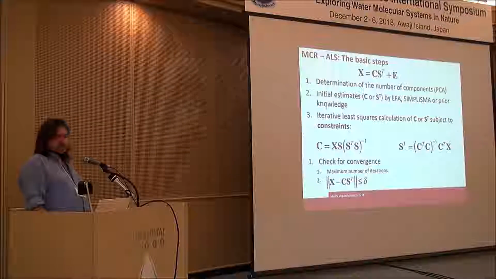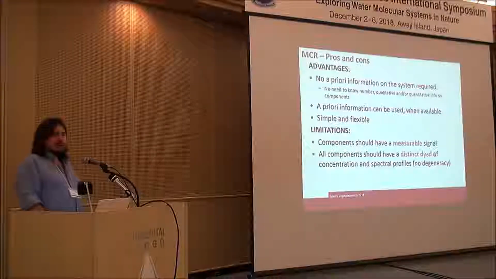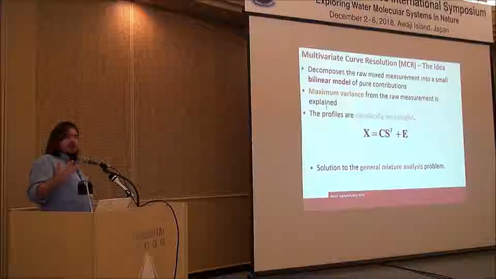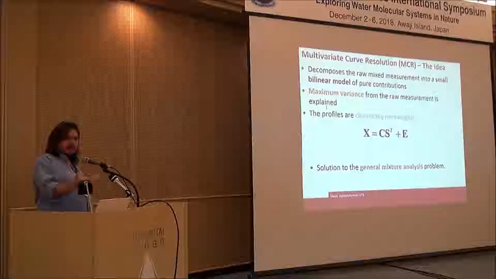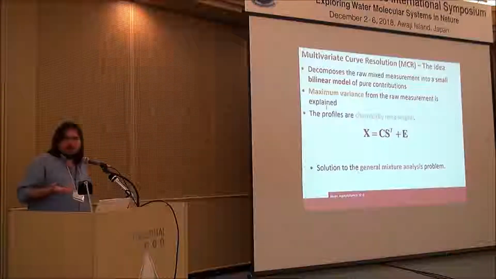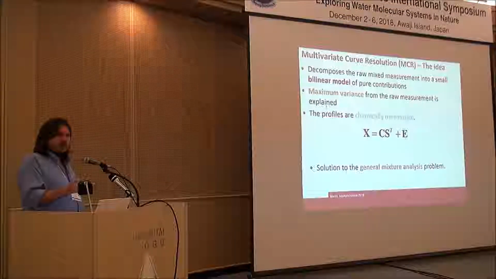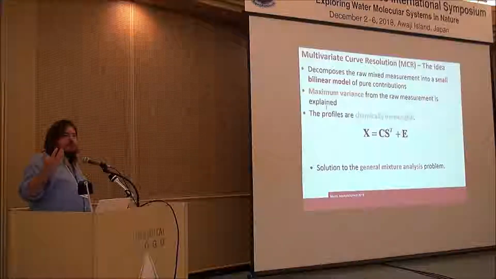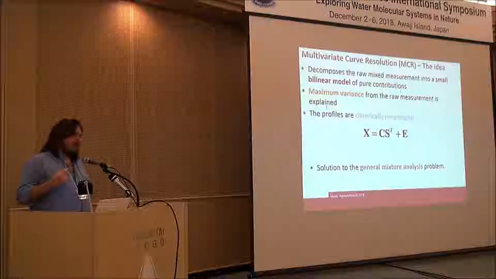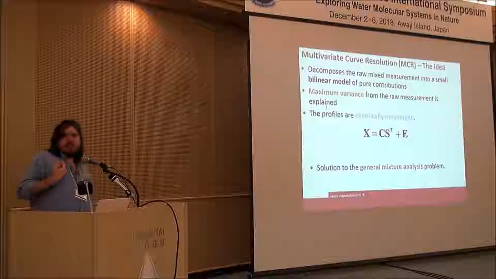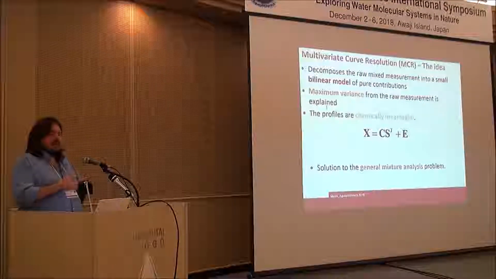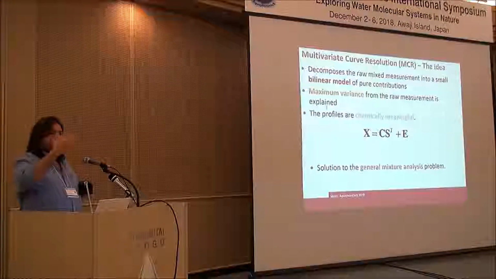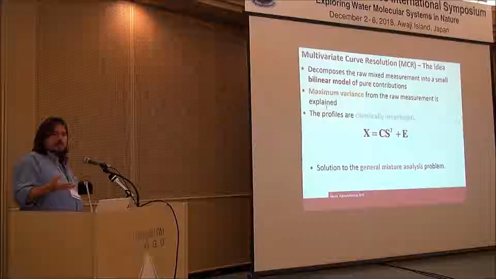And then the model is quite simple because, of course, one could think that we want anyway to find components that have interpretative properties, so they are able to explain variance, but then they may be chemically relevant. This is resolution, but the greater advantage of this approach from our standpoint is that we don't need to do any informed guess about what the shape of the profiles that we are expecting should be.